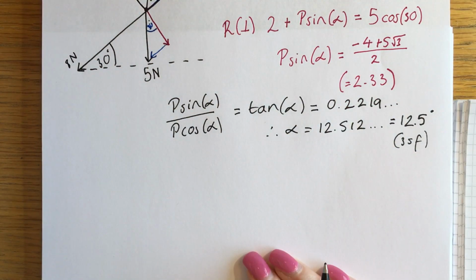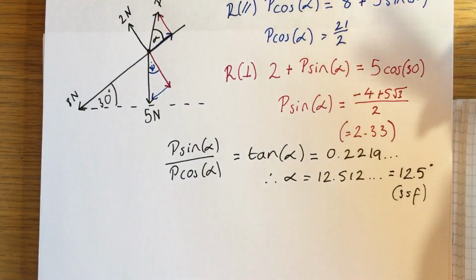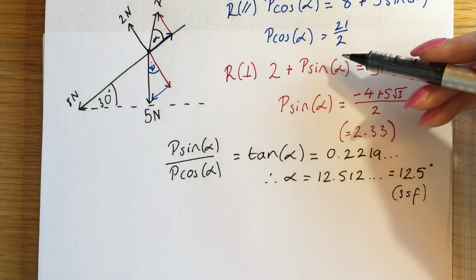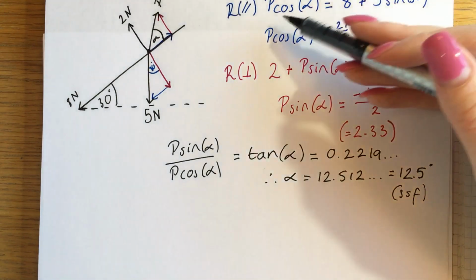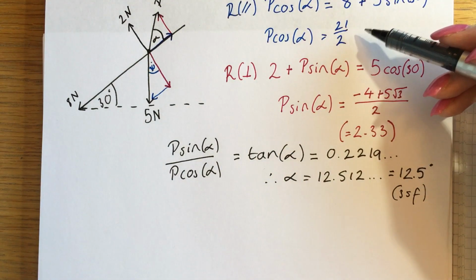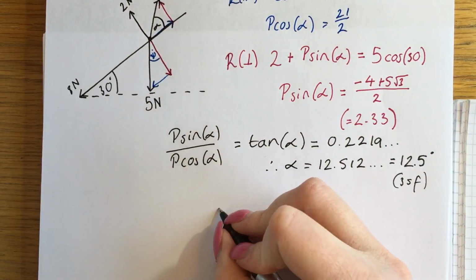Now that I've got alpha, obviously I can find P. Doesn't matter which of these two, whether it's sine or cosine, I substitute into. This one is just slightly easier to retype into your calculator. So I'm going to use P cos alpha equals 21 over 2.